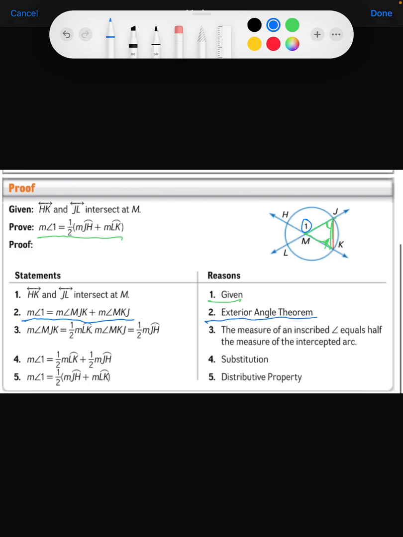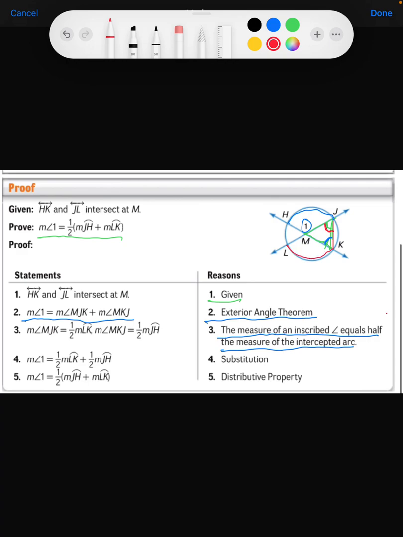We also know that the measure of an inscribed angle equals 1/2 the measure of the intercepted arc. So the measure of this angle right here is going to be 1/2 of HJ, the intercepted arc. And the measure of this angle right here is going to be 1/2 of the measure of its intercepted arc.